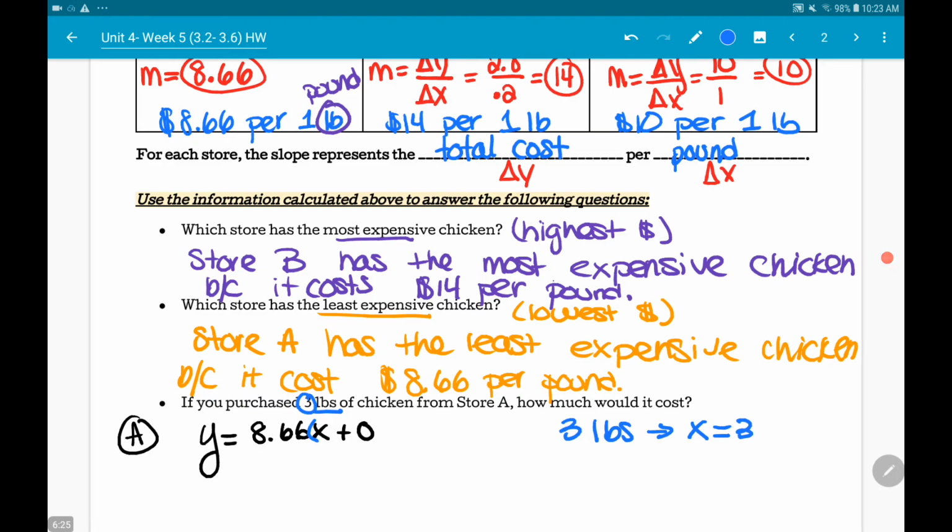So if you remember way back from our last unit about substituting in, I can use this to figure out a prediction of my cost. So all I have to do is substitute in for x and simplify. So when I do that, I get $25.98.